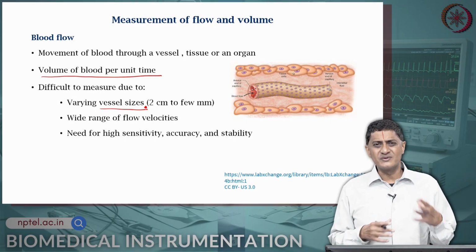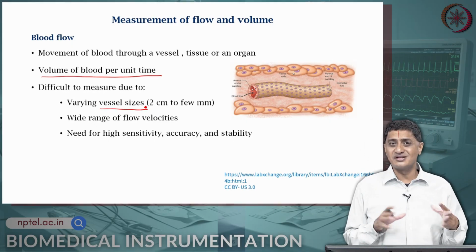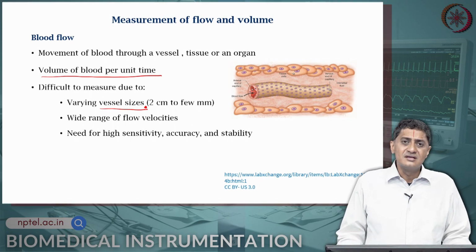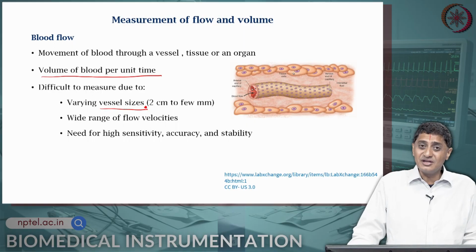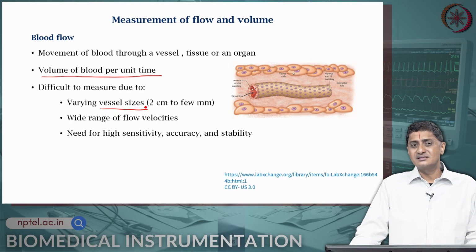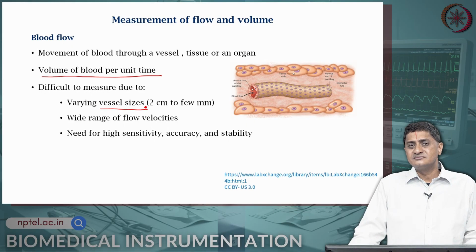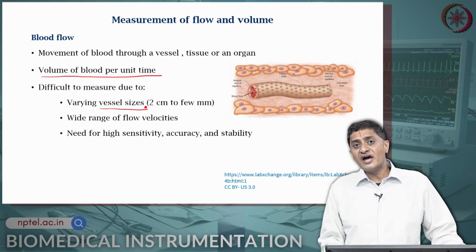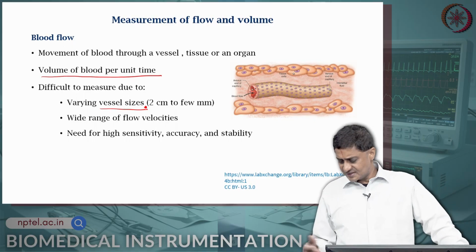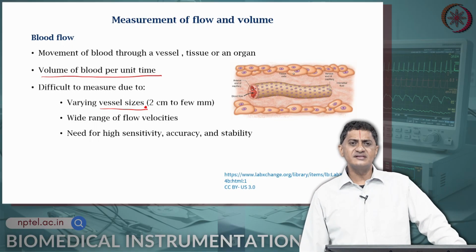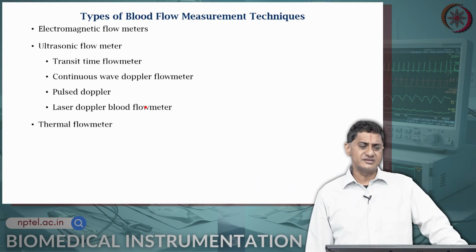Modeling the cardiovascular system and understanding the physiology of the cardiovascular system is beyond the scope of this course, but just reminding you that velocity will vary depending on where you make the measurement. So, there is a need for high sensitivity, accuracy and stability.